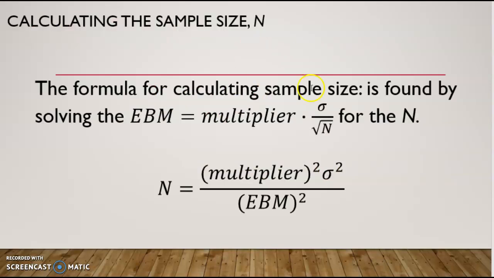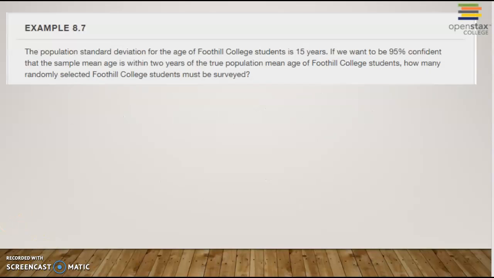So you're going to have to undo all that to get back to calculating your sample size. Okay? So, the population standard deviation for the age of Foothill College students is 15 years. If you want to be 95% confident that the sample mean age is within 2 years of the true population mean, how many randomly selected Foothill College students must be surveyed?